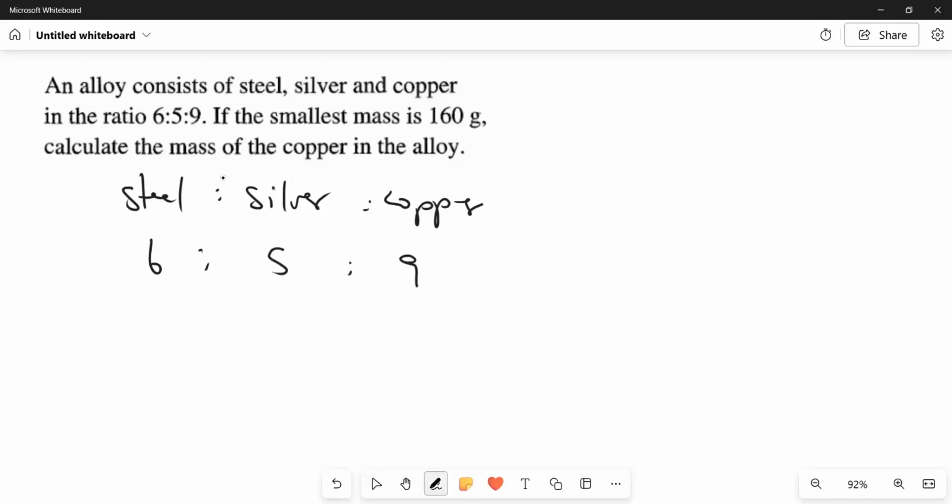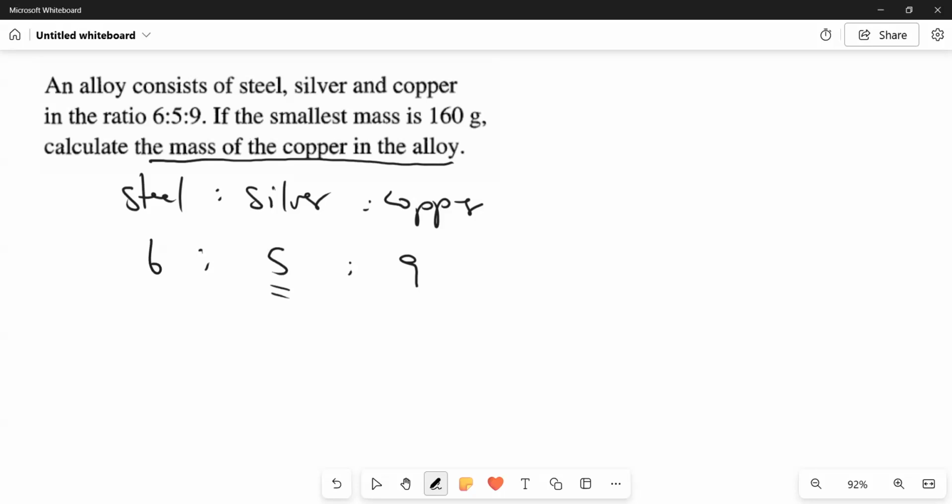Notice in this one again, they want you to calculate the mass of the copper in the alloy. If you take a piece of the alloy, they say the smallest mass is 160 grams. So which is the smallest mass?